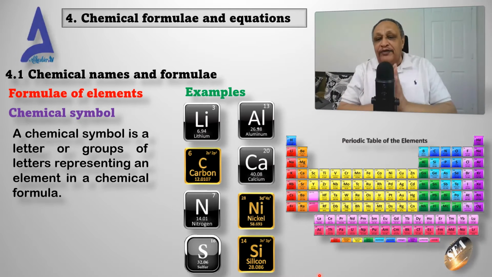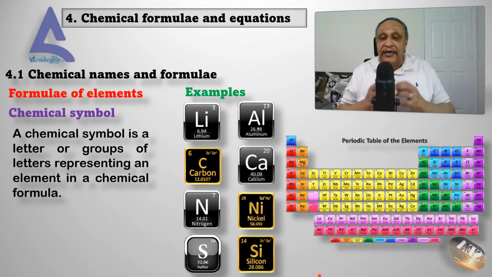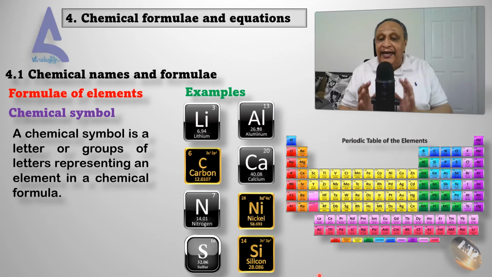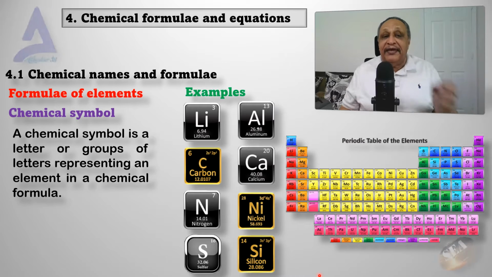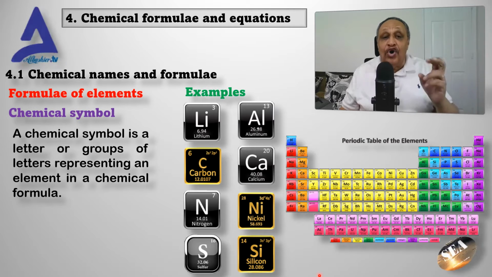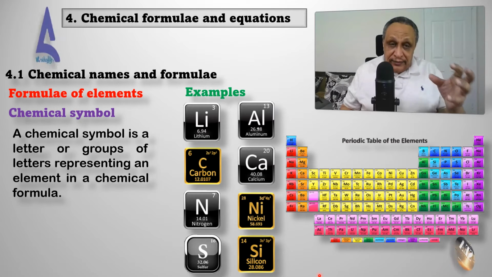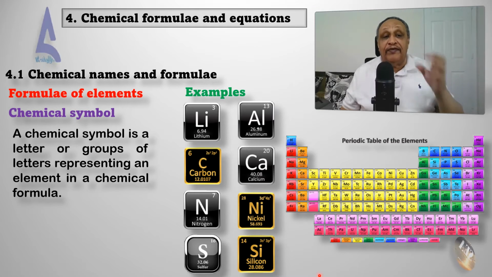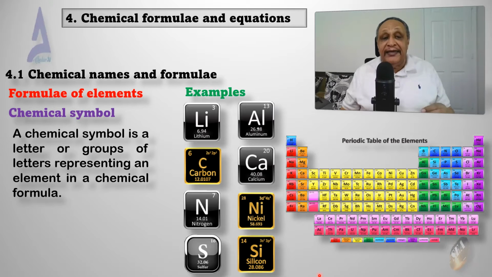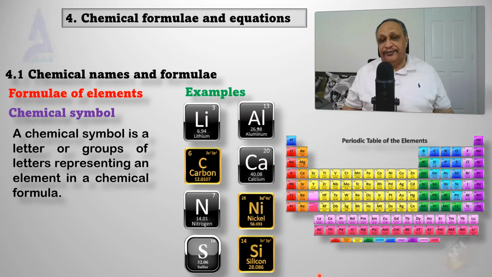So let us start with the elements whose names are derived from English origin. But before that, a chemical symbol is a letter or group of letters representing an element in a chemical formula.